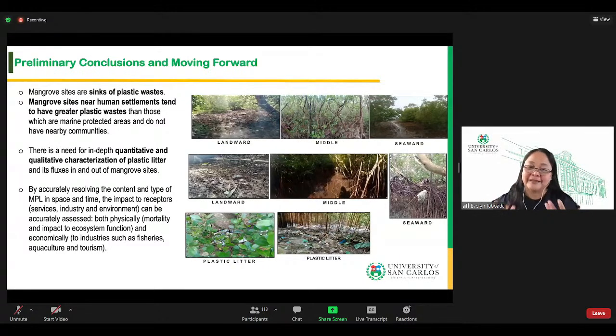And it is the duty of the academe and us as researchers to provide the scientific evidence that, hey, look, Mayor, Mr. President, Mr. Governor, this is what we see in our rivers and in our mangrove sites. So therefore, there is a need to draft policies and implement them to avoid this environmental problem.